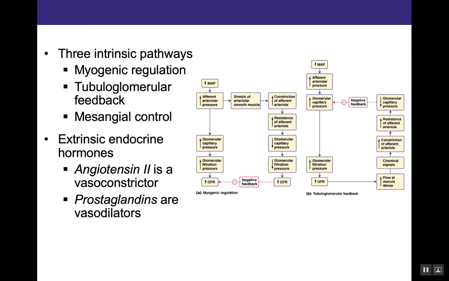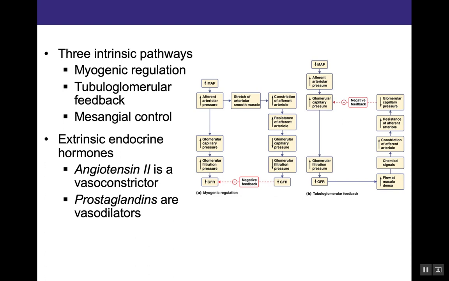So, the three intrinsic pathways that you need to know for this lecture are myogenic regulation, tubuloglomerular feedback, and mesangial control. These mesangial cells control glomerular filtration rate.